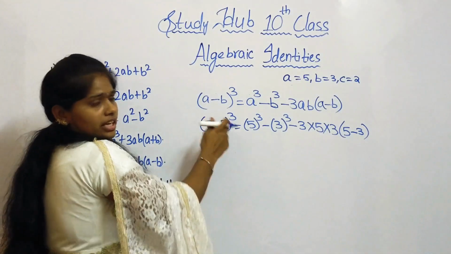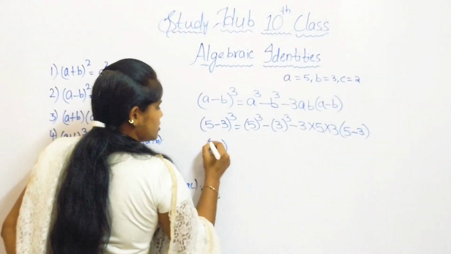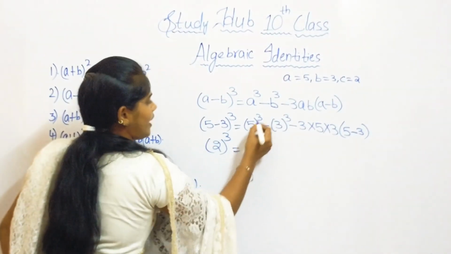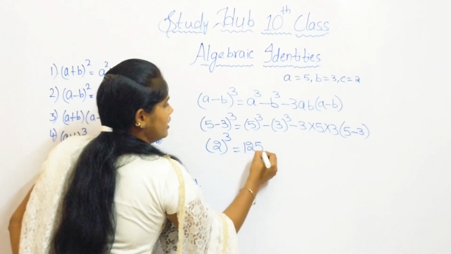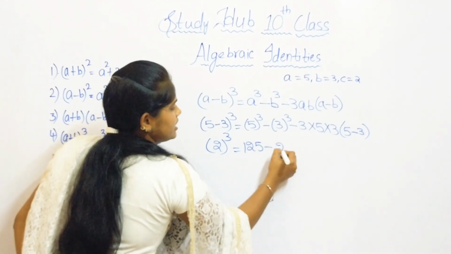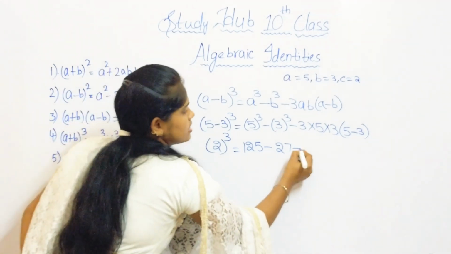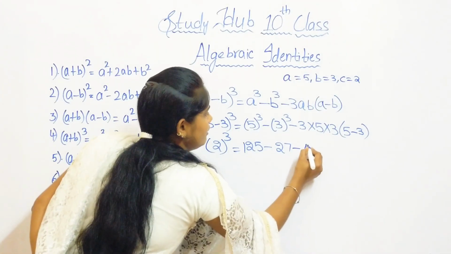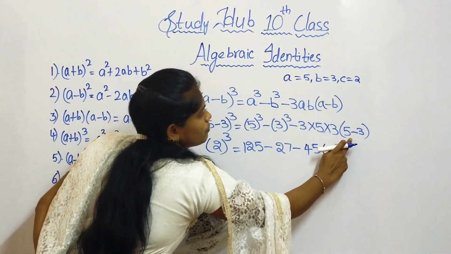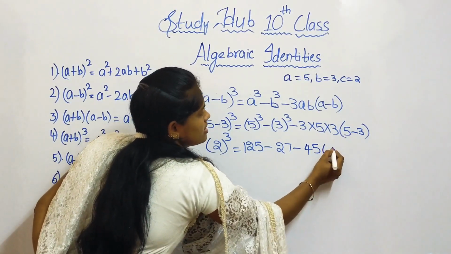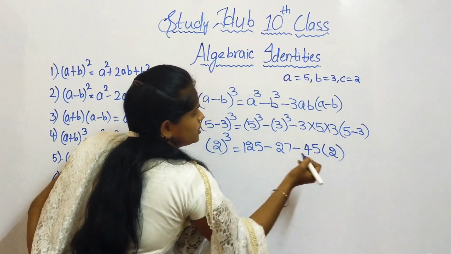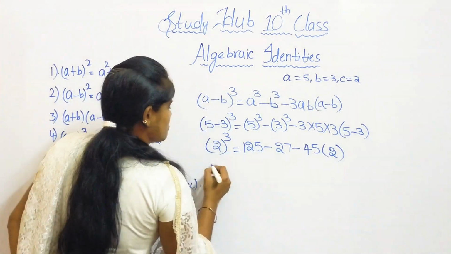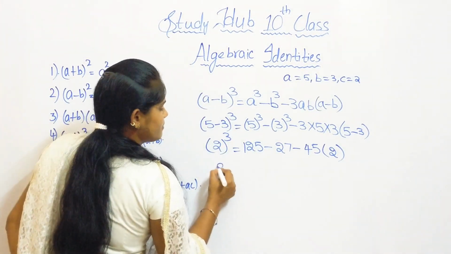See here, 5 minus 3 is 2. So 2 cube is equals to 5 cube is 125 minus 27 is 3 cube minus 3 5s are 15, 15 3s are 45 into 5 minus 3 is 2. 2 cube is 8.